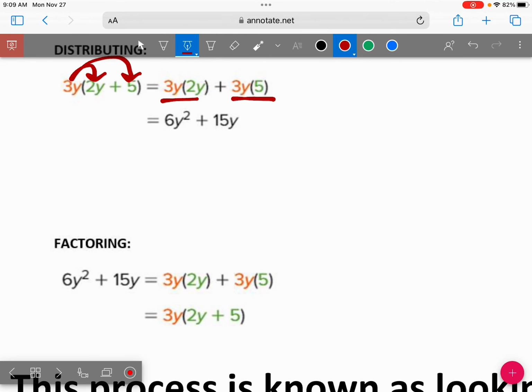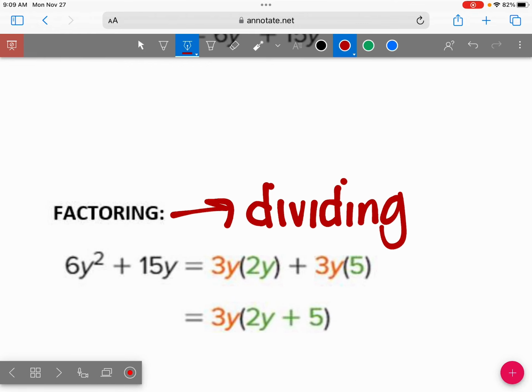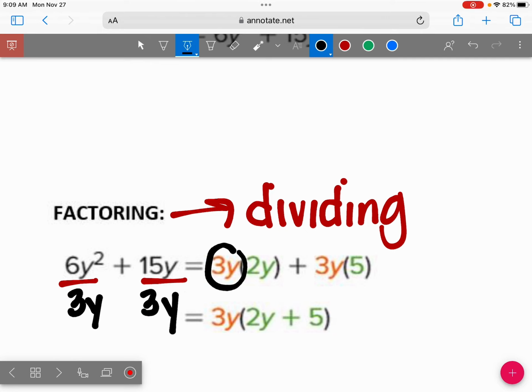But when you factor, you're doing the opposite. Instead of multiplying, you're dividing. So factoring is dividing. And what they did here was they divided by your GCF, which in this example is 3y. They divided by 3y. And that's how they got that answer, 2y plus 5.